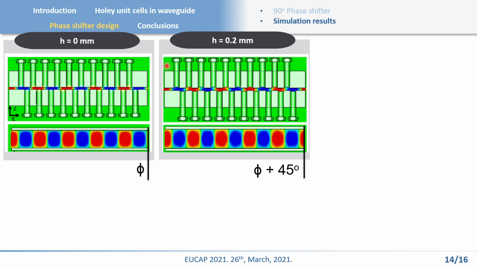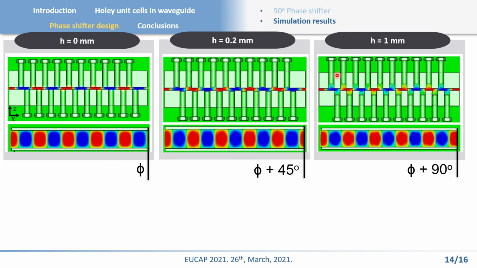When the screws move upwards, the wave represented by its electric field distribution is shifted 45 degrees compared with the reference position. Finally, if the screws move upwards to their limit position, when the depth of the hole is 1 mm, the phase shift is increased up to 90 degrees.